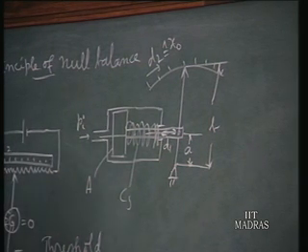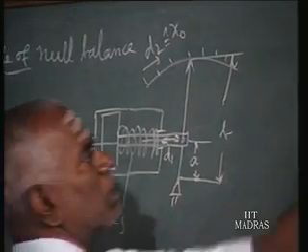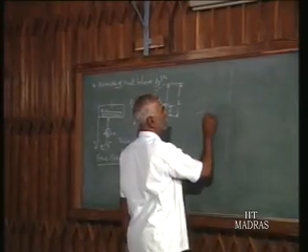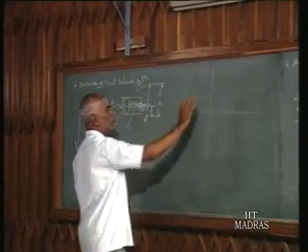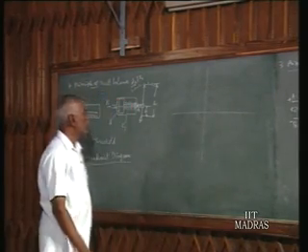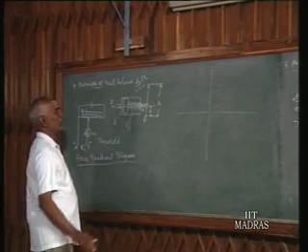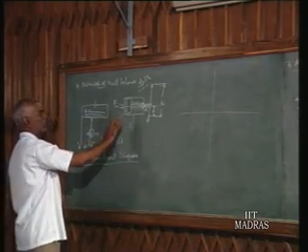For this instrument, we are going to draw the 4-quadrant diagram. The 4-quadrant diagram looks like this. It contains 4 quadrants: the first quadrant, second quadrant, third quadrant, and fourth quadrant. There we want to represent this instrument. For this, first draw the signal flow diagram for this instrument, which we have already drawn.